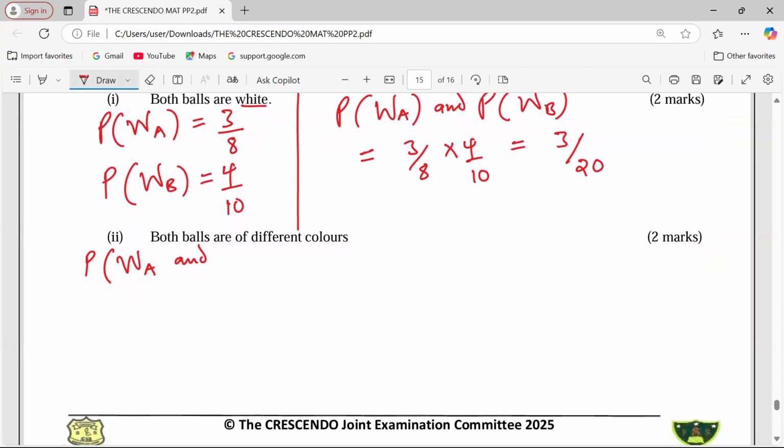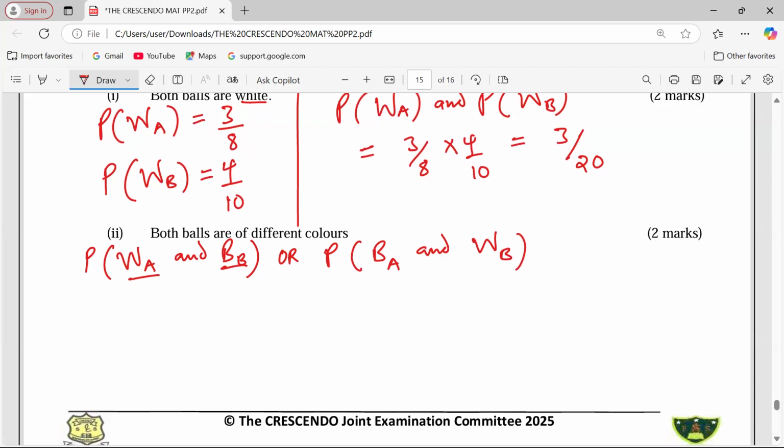Or we pick blue from B. Yeah. White from A and blue from B. That is different colors. Or it can be probability we pick blue from A, then we pick white from B, the second option. Yeah, that way.